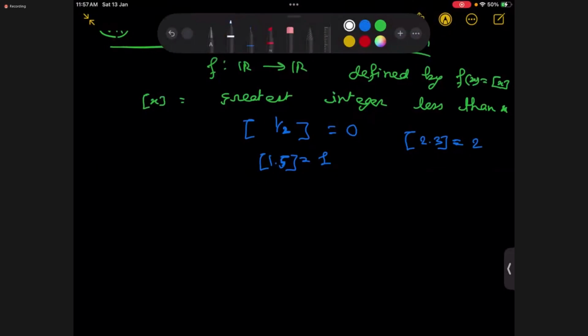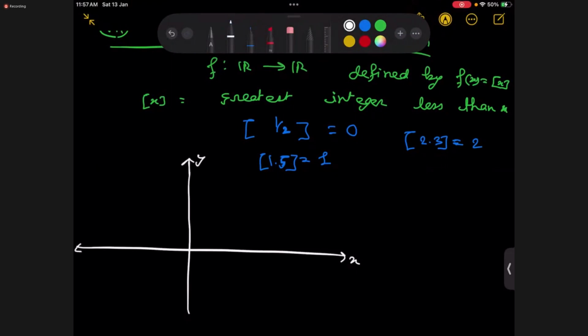The graph of the function will be like this. It's very interesting. This is X and this is Y. So we will mark 1, 2, 3, 4, and so on, and -1, -2, -3, -4, and so on.